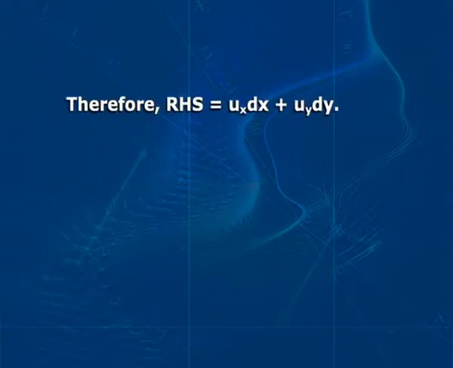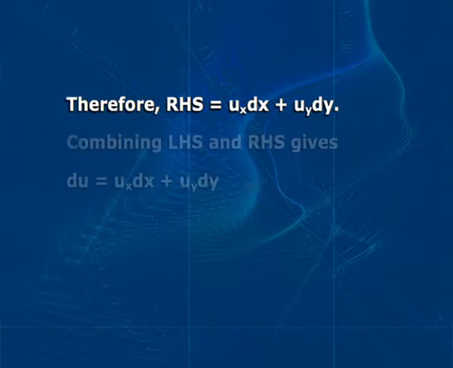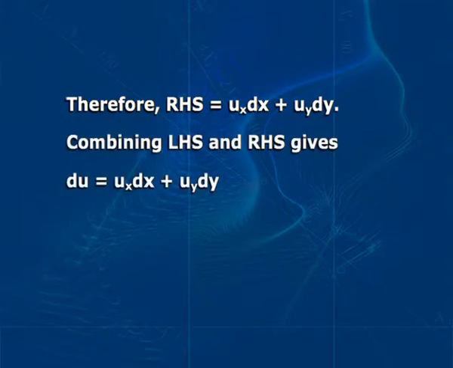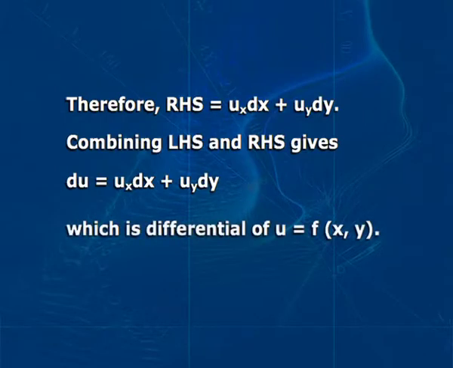Therefore, the right hand side is equal to ux dx plus uy dy. Combining the left hand side and right hand side gives du is equal to ux dx plus uy dy, which is the differential of u equal to f of x, y.